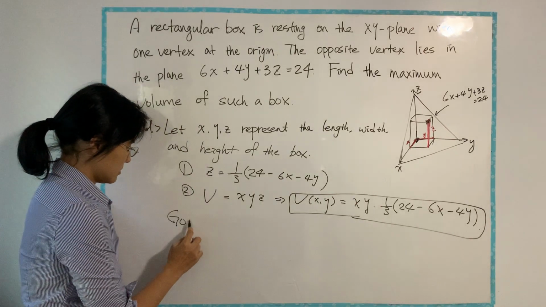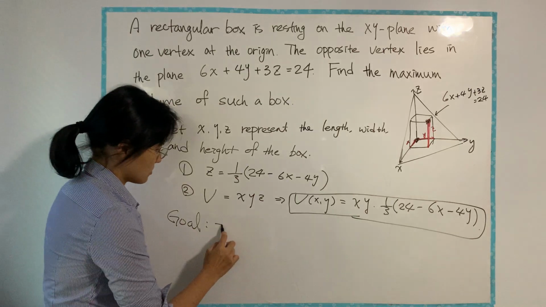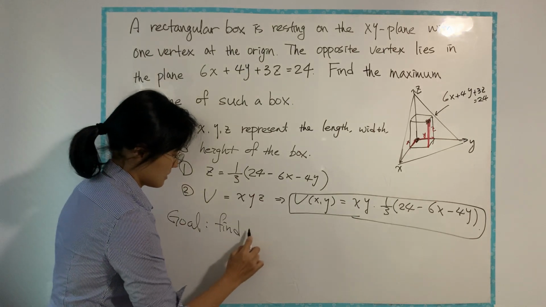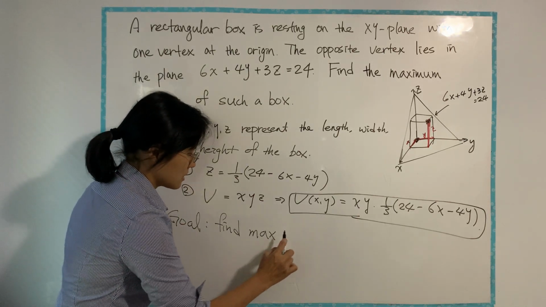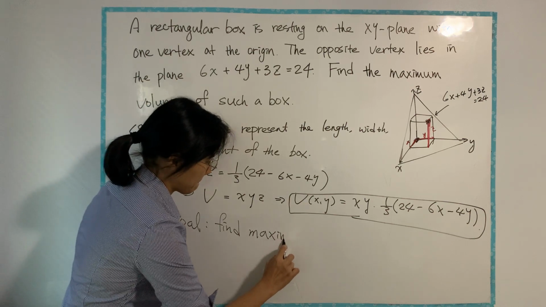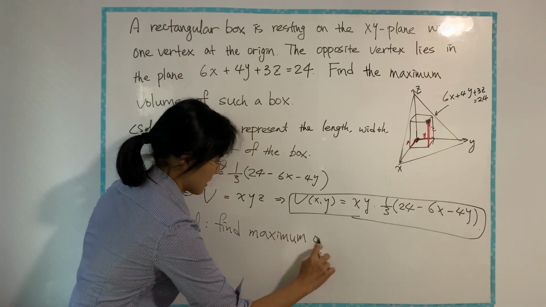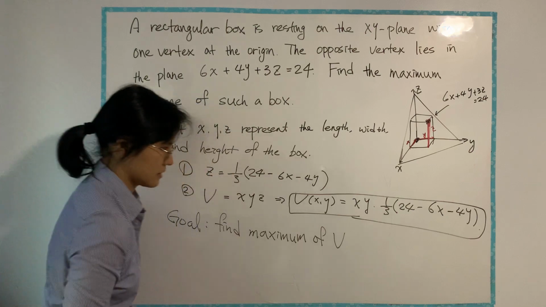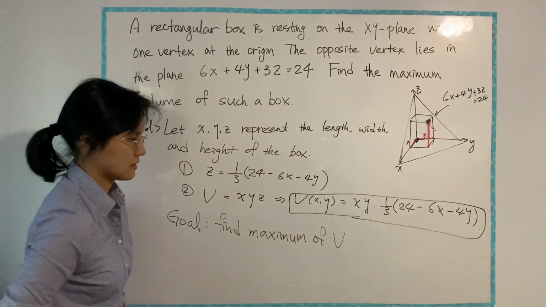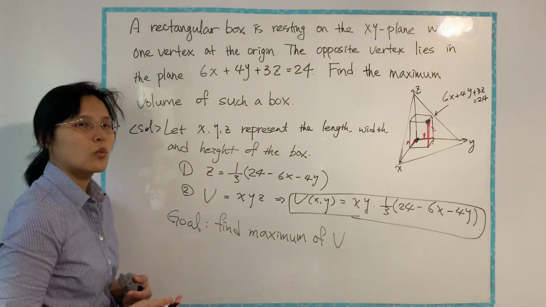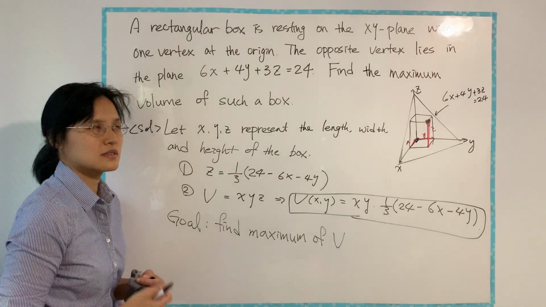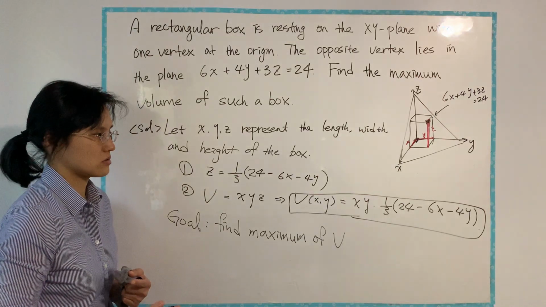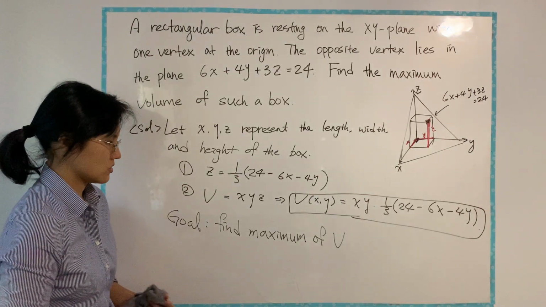Now the goal is to find the maximum of V, this V, right? So what do we use? We use the second partial derivative test to find the max, right?